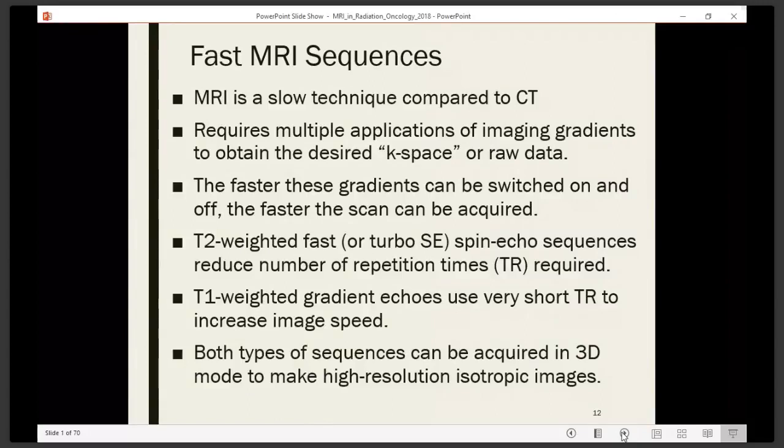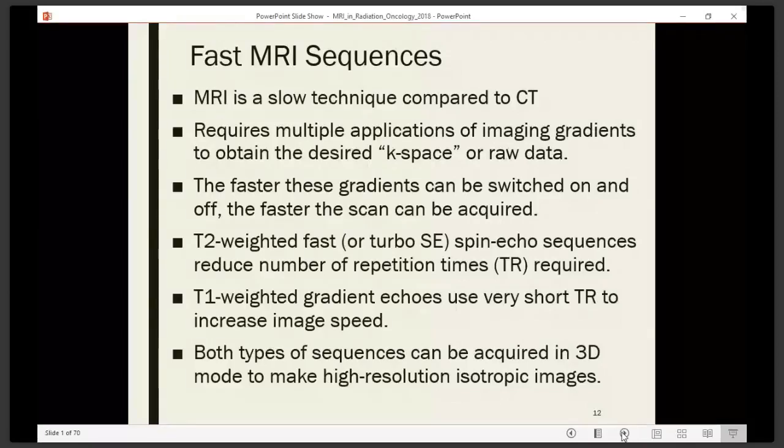It increases the speed of imaging by acquiring multiple spin echoes and encoding different lines of data with each echo. It actually increases the TR a little bit, but it reduces the number of TRs you have to acquire. So overall, that will reduce the scan time by a factor of about 4 to 32, depending on the particular type of study. So you can get your T2 weighted scan down from an order of 10 minutes to order 2 or 3 minutes.